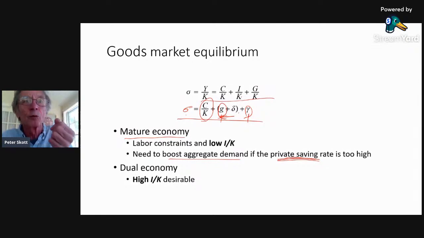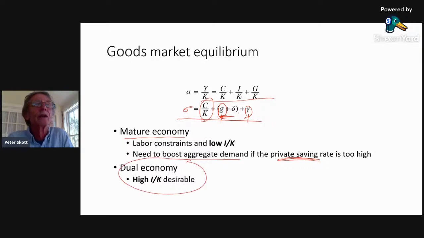It's not sustainable to do that in Japan or in the US or in Germany. These economies are mature. Dual economies are not mature. You have a lot of underemployment. You can, for a prolonged period, 20 years, grow at 10% without running into labor constraints.